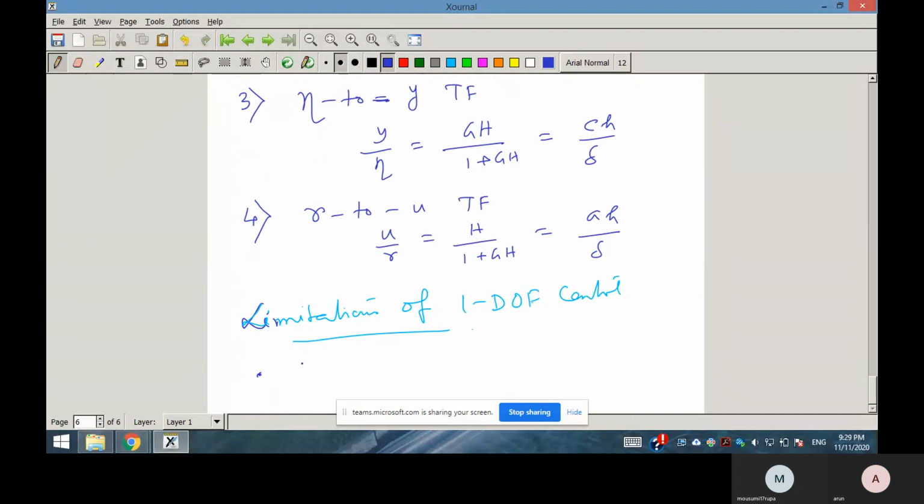Once delta S is chosen, the polynomials HS and KS, the controller zero polynomial and pole polynomial, get fixed.